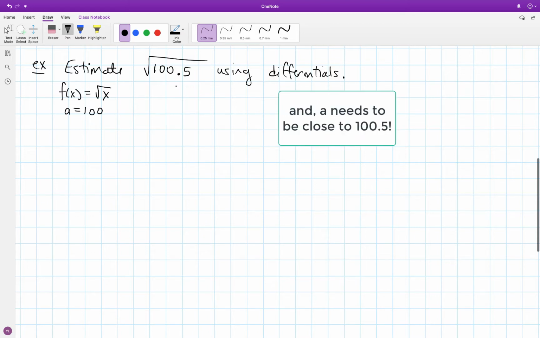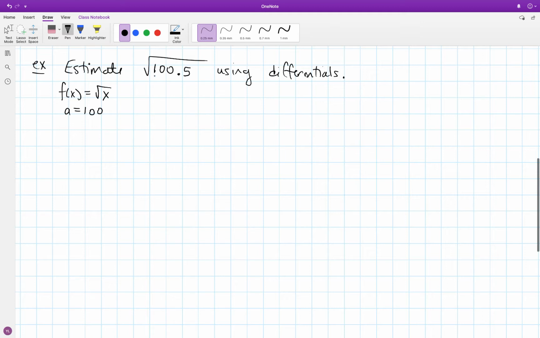If I'm trying to get an estimate for what the square root of 100.5 is, I'm wondering how far do I need to go from 10 in order to estimate the change in the dependent variable that was felt by a change of the independent variable from 100 to 100.5.